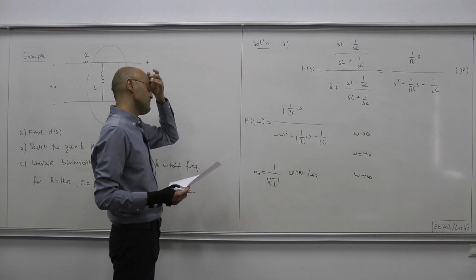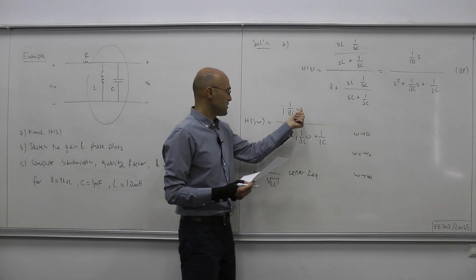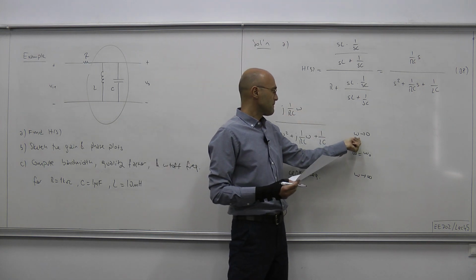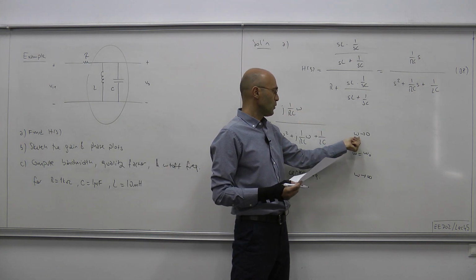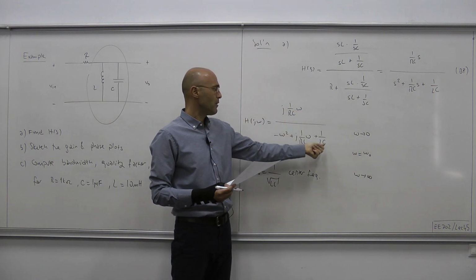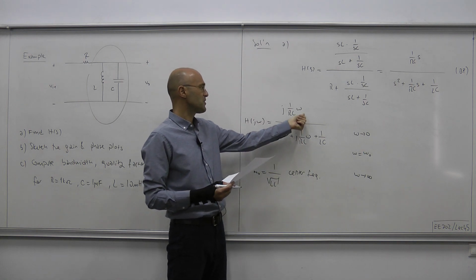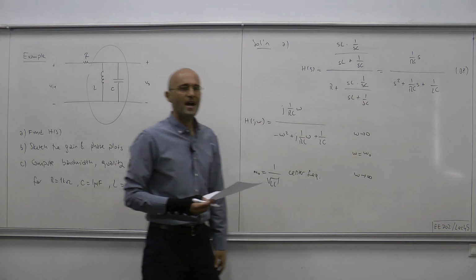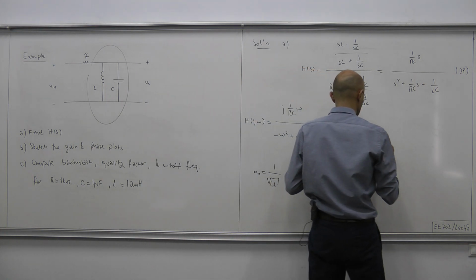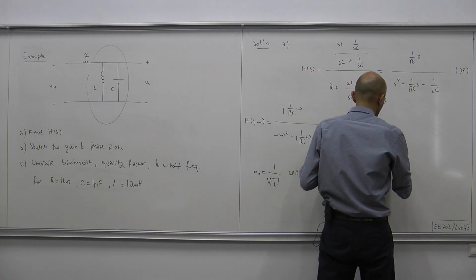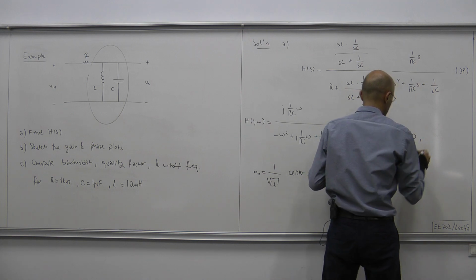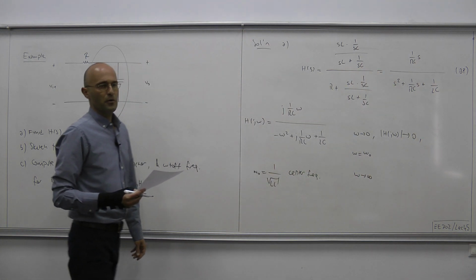We have one term in the numerator, and since that term is multiplied by omega, at omega close to 0, what we have is j(1 over RC) omega divided by 1 over LC. Since omega is tiny, that produces a very small gain. So when omega is around 0, the gain is also around 0.